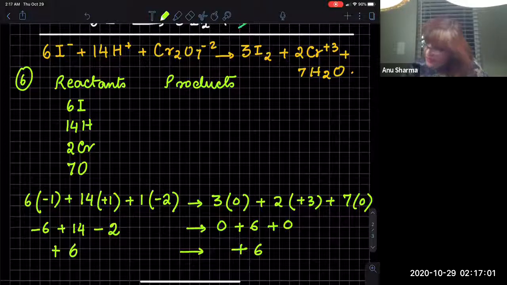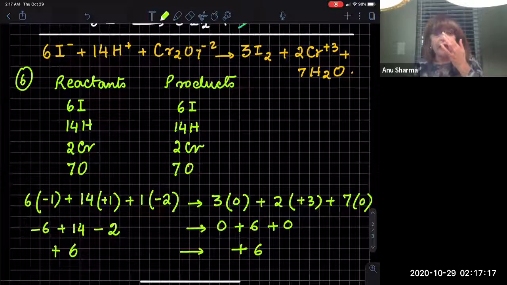There are 6 iodines, 14 hydrogens, 2 chromiums, and 7 oxygens. So that balances every single entity in this reaction. And that is your redox reactions balancing by the half cell method.